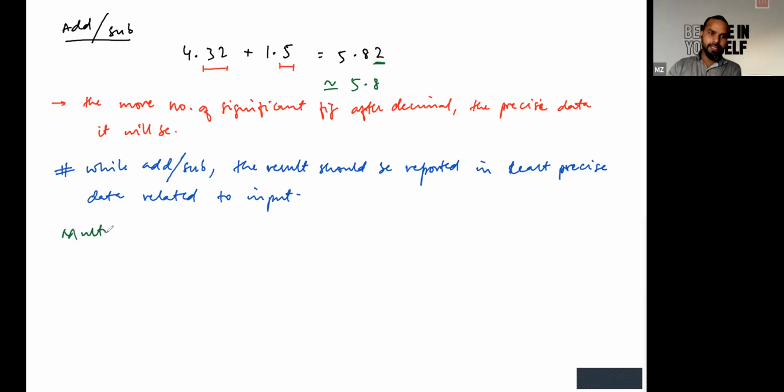Next is multiplication or division. Suppose you have to multiply 4.32 into 1.5. So what will you get? 15 into 2, 30. 15 into 3, 45, plus 3, 48. 15 into 4, 60, plus 4, 64.